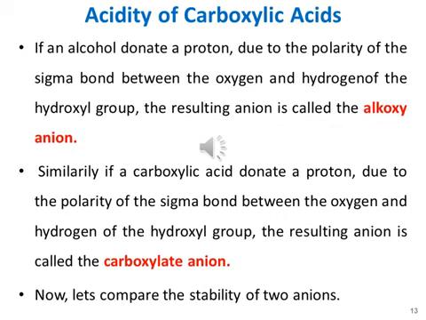Similarly, if a carboxylic acid donates a proton due to the polarity of the sigma bond between the oxygen and the hydrogen of the hydroxyl group, the resulting anion is called the carboxylate anion. If we compare the stability of the two anions, I have compared the relative stability of the alkoxy and the carboxylate anion on the next slide. So let's move towards the next slide.